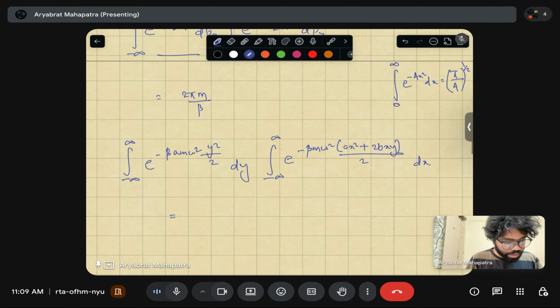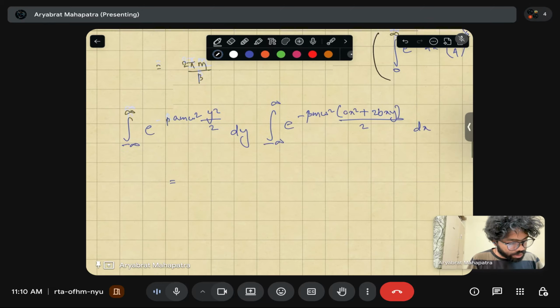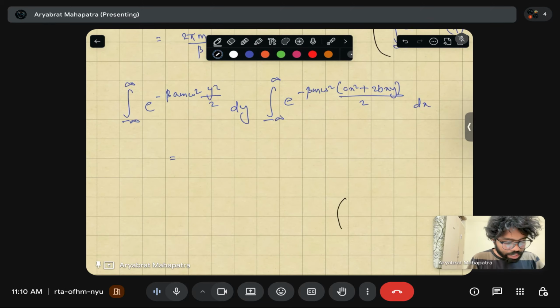For this integral, you can have a similar standard integral form. Suppose your integral is of this form, minus infinity to infinity exponential minus a x square plus 2bx dx, integrated over x.